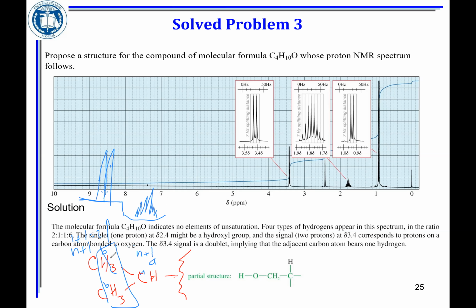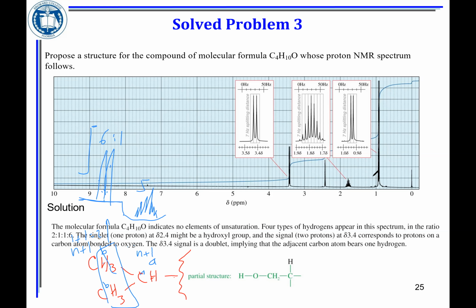We have 6 B-type hydrogens and 1 A-type, so it's a 6-to-1 height. The vertical line for the B-type is going to be 6 times the vertical line for A-type hydrogen. If you have these two together, that means you have an isopropyl group.